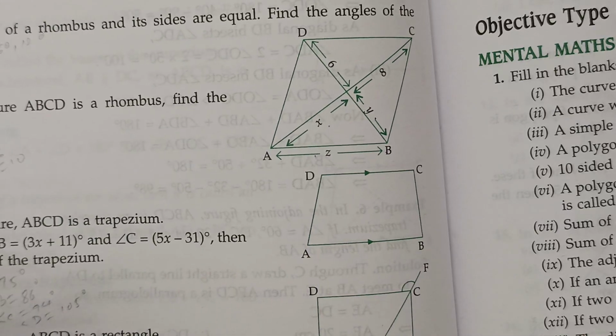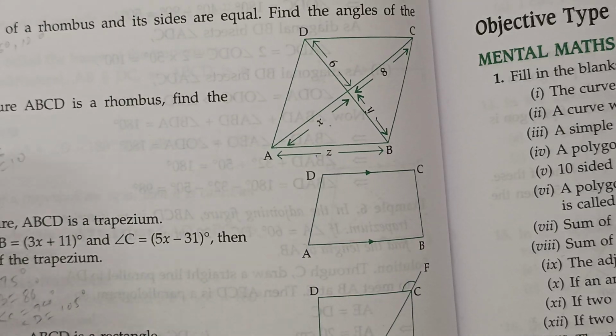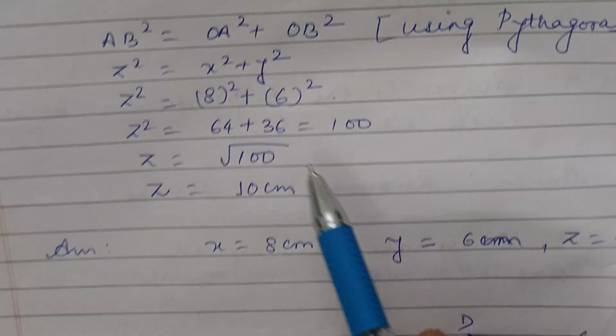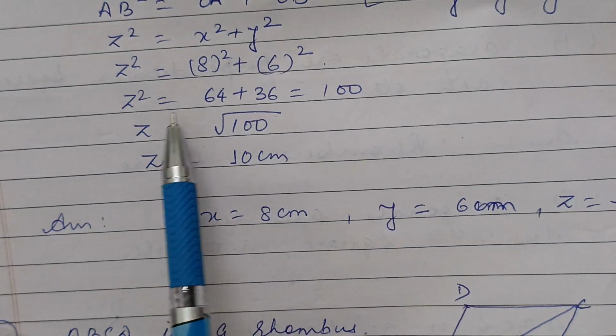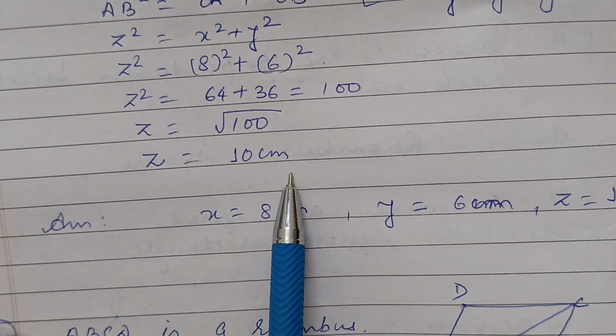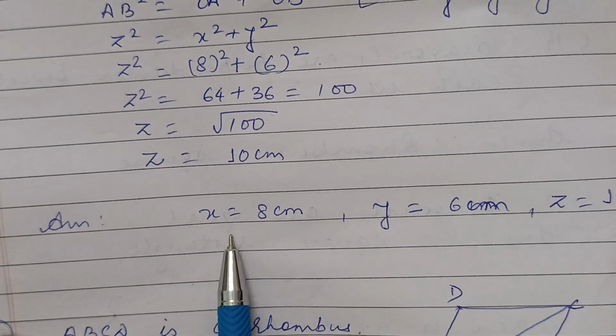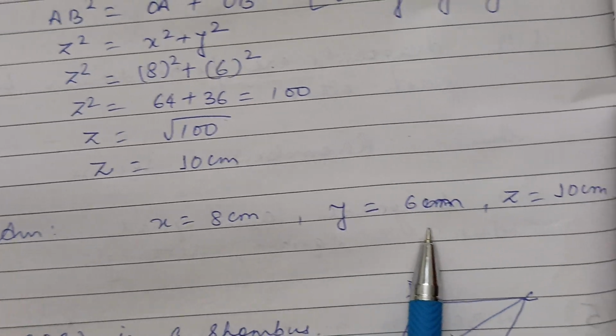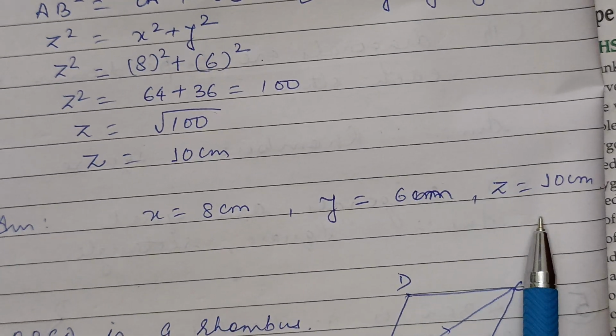Z square is equal to 8 square plus 6 square, that is 64 plus 36 equal to 100. So Z equals 10 centimeter. So we have found the values of X, Y and Z as 8 centimeter, 6 centimeter and 10 centimeter.